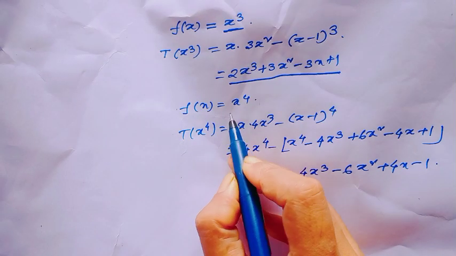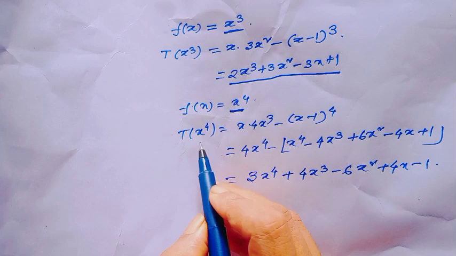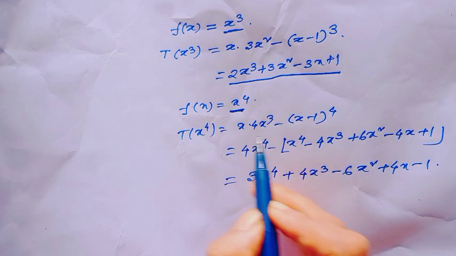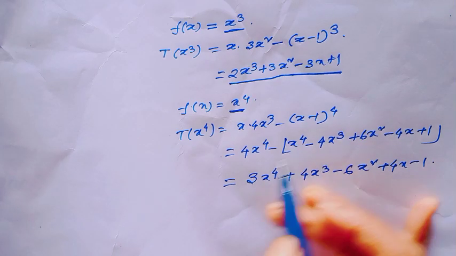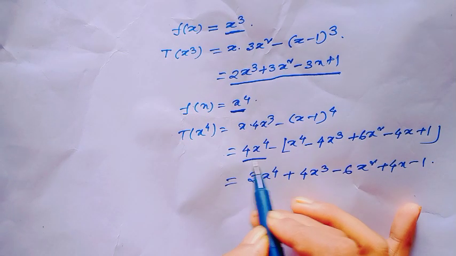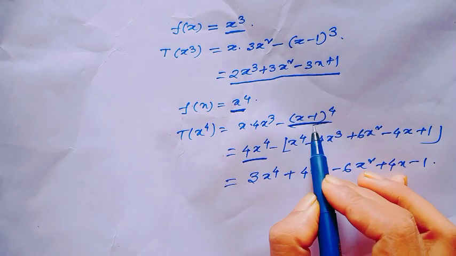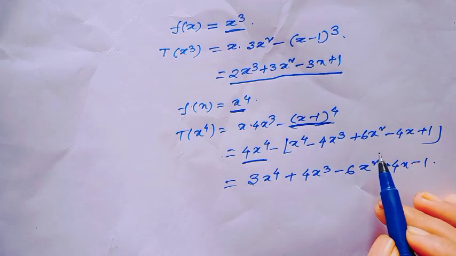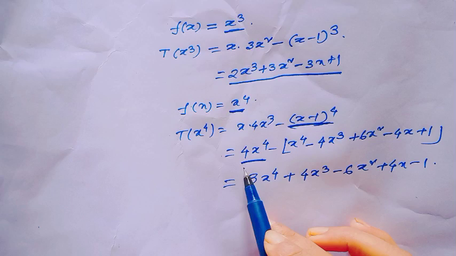Similarly, if we consider f(x) equal to x to the power 4, then let's see the image T of x to the power 4. This would be x times 4x cube, minus x minus 1 to the power 4. Now apply the binomial expansion here. Then this would be x to the power 4 minus 4x cube plus 6x square minus 4x plus 1.